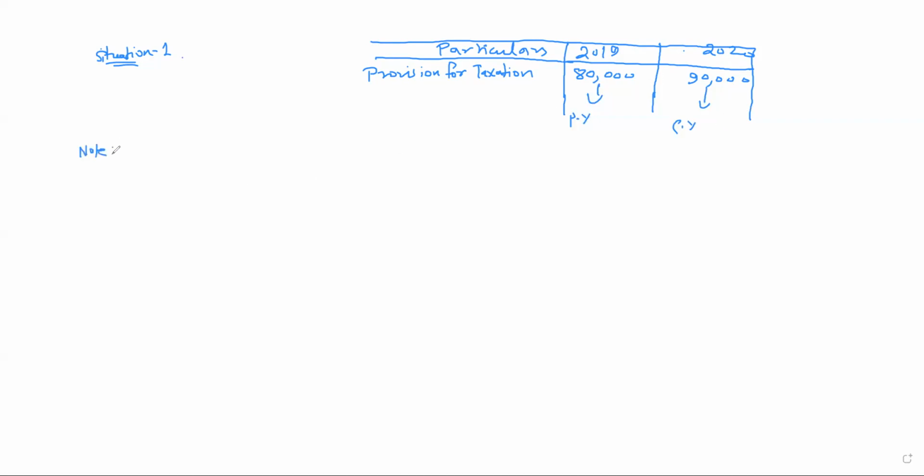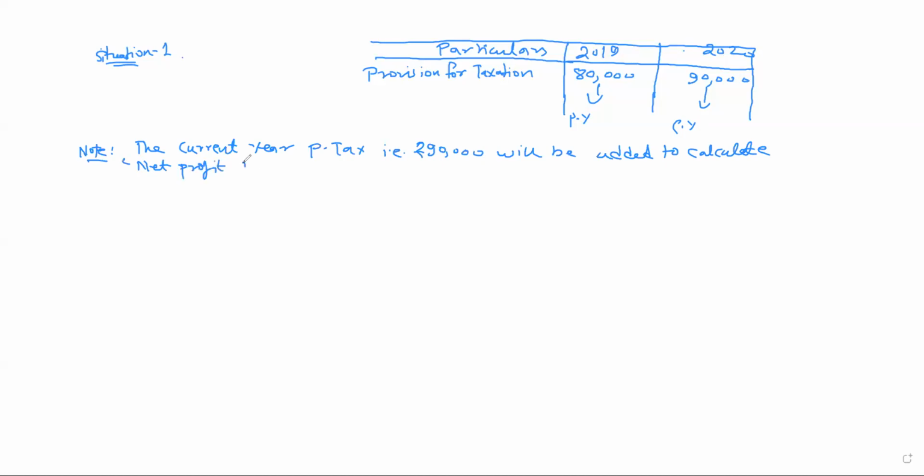Note: when only opening and closing balances are given, the current year's provision for tax, that is rupees 90,000, will be added to calculate net profit before taxation as 'provision for taxation current year'. Is this clear?